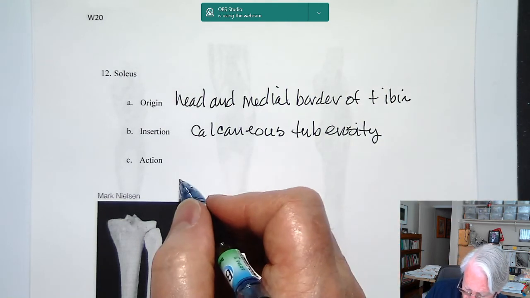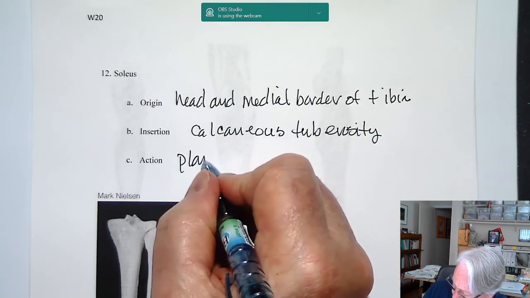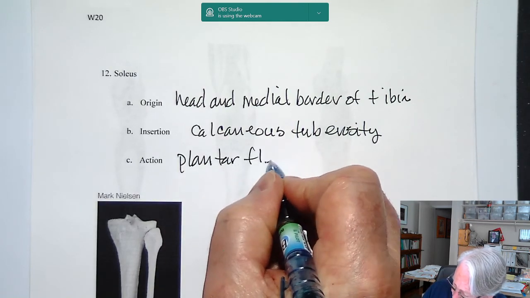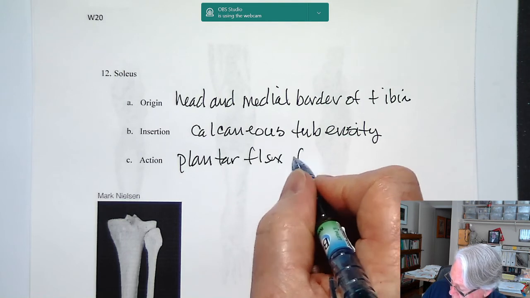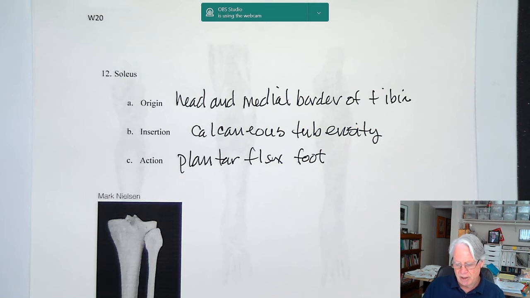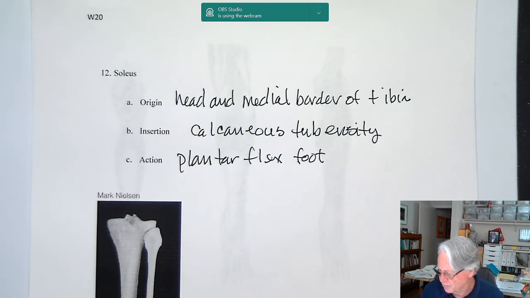And the action is plantar flex of foot. Notice there's only one action. And why is that? Because it only crosses one joint. It's only crossing the ankle joint. The gastrocnemius was crossing two joints, the knee and the ankle joint. But this one only one. And so it only has one action.